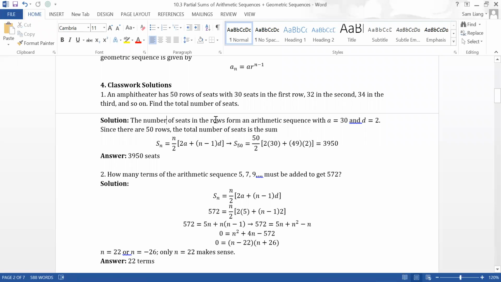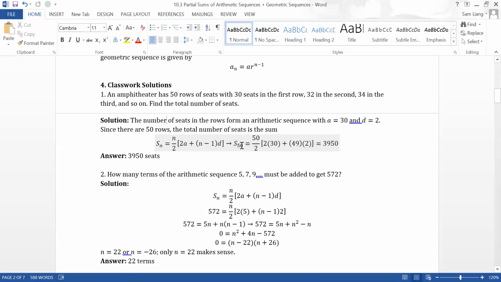Here I write the number of seats in the rows form an arithmetic sequence with a equals 30, right? The first number is 30, and the common difference here is 2. And since there are 50 rows, the total number of seats is the sum. We're going to use this formula from yesterday: S sub n is equal to n over 2, parentheses 2a plus n minus 1 d.